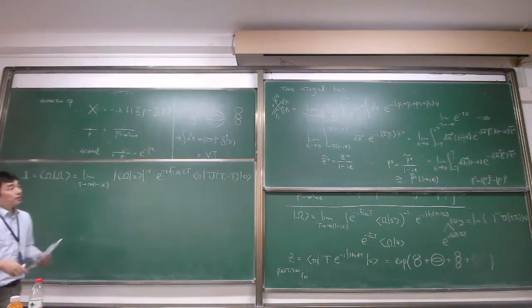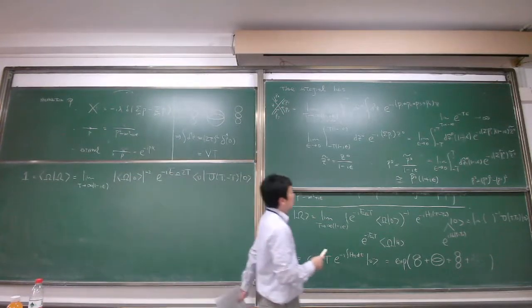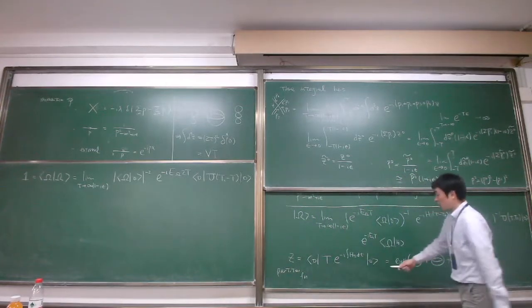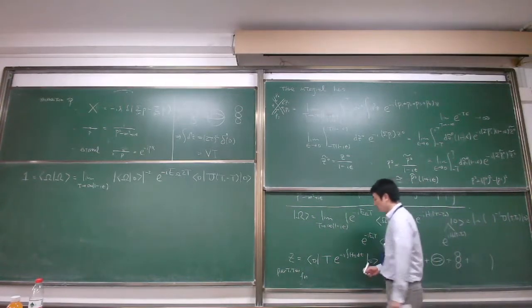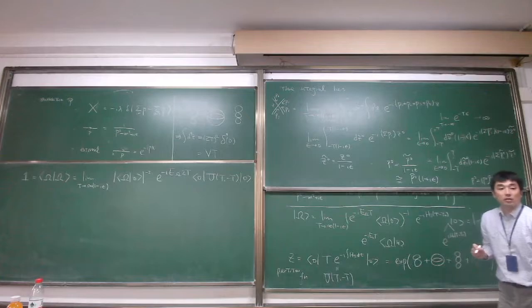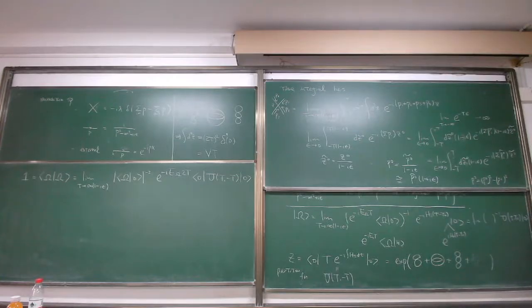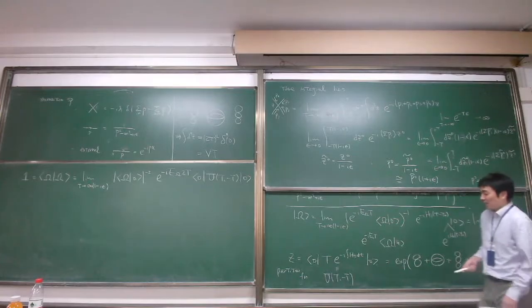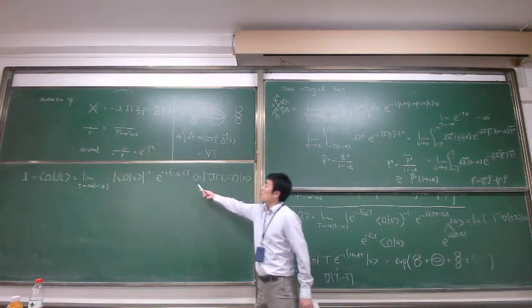So if you look at the partition function, this factor is equal to U(t, minus t). Do you understand? Is it okay? Sorry, my brain is not working at the beginning. So this factor is the partition function.